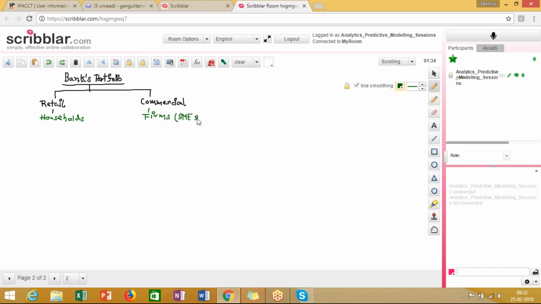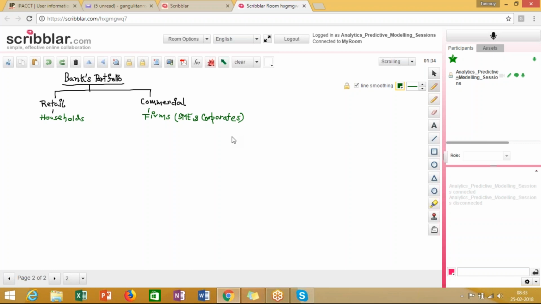How is it defined as a corporate? How is it defined as an SME, etc.? So retail is households.